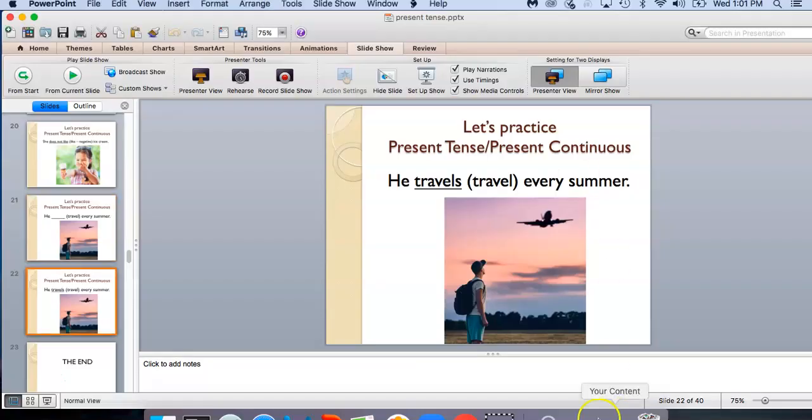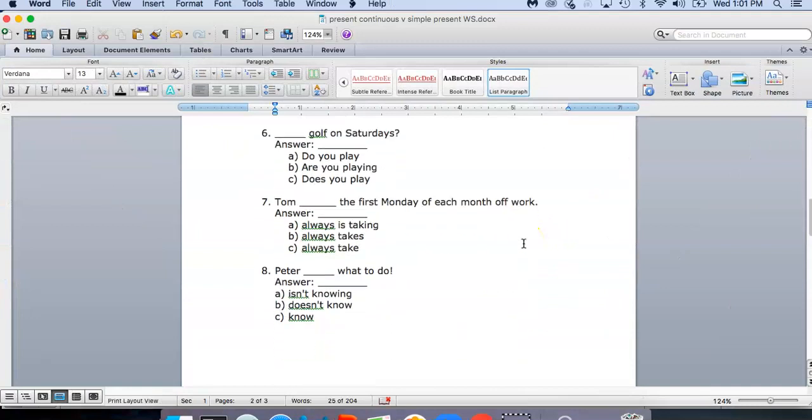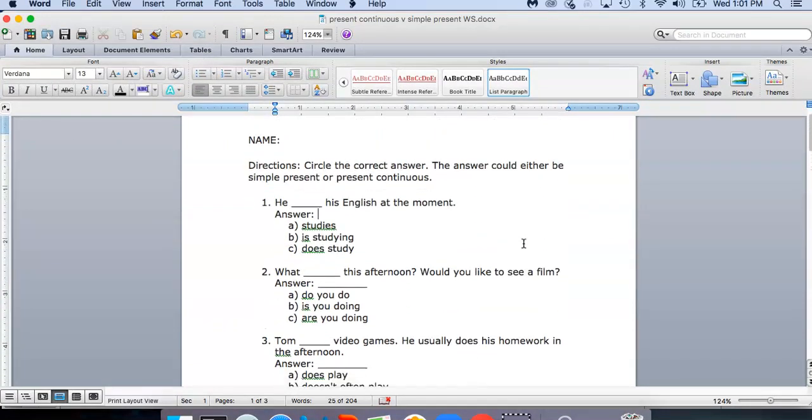So let's look at what you have to answer. You have 8 questions to answer. I will put this worksheet in Microsoft Teams. I just want to go over one question with you guys as an example. So he blank his English at the moment. So at the moment, that's your clue word. Okay.